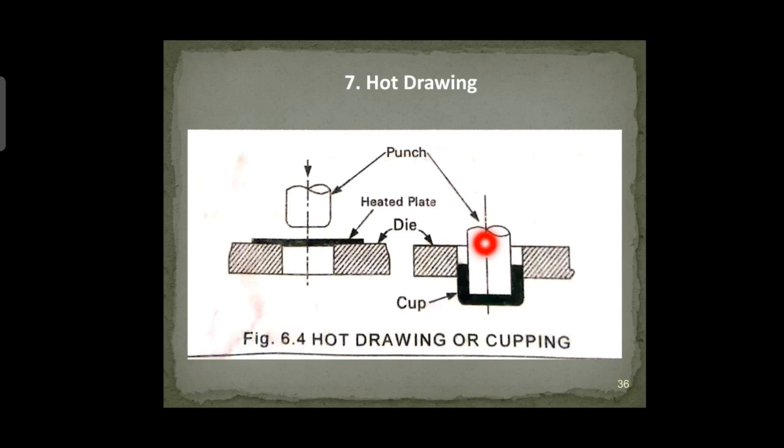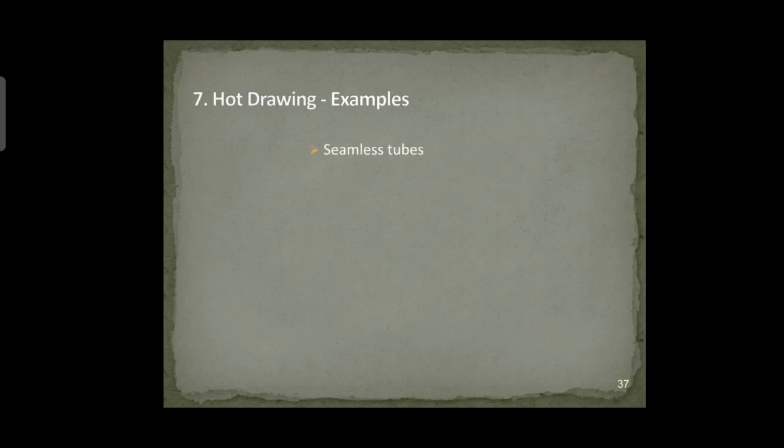So you can produce thick walled cylinder type of cups here. This is about the hot drawing process. A few examples are producing seamless tubes and thick walled cylinders, and cups can also be produced, or some vessels. So this is regarding the hot drawing or cupping process.